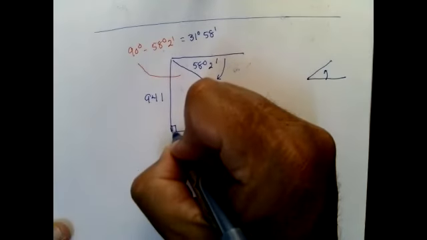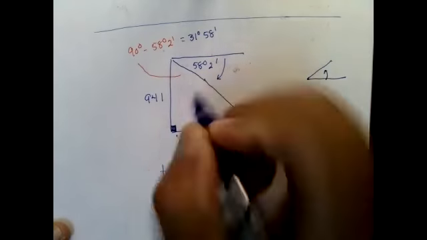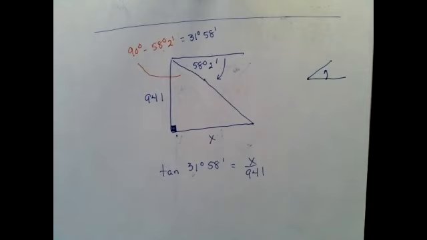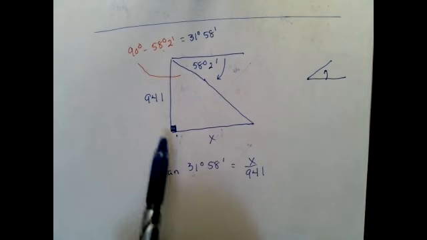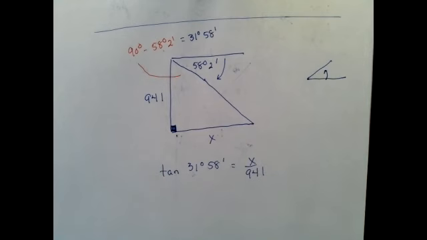Remember, now we're back to working with right triangles. Woohoo! Bring that 941 over, type that bad boy into the calculator, and you should be able to find this distance. Cool, thank you.